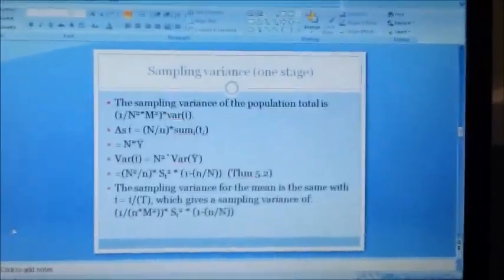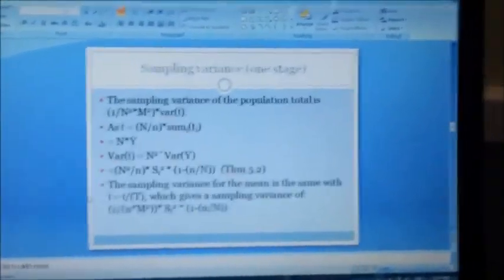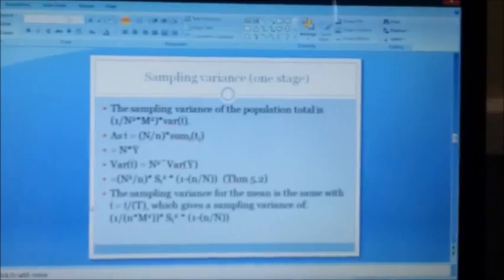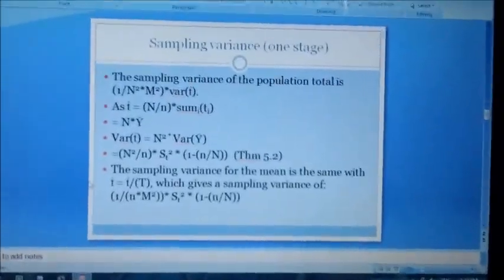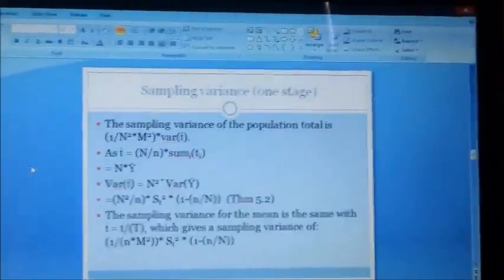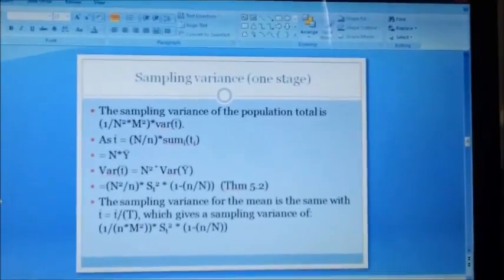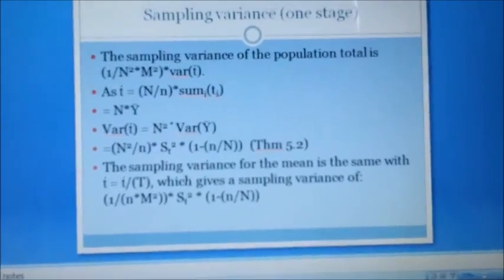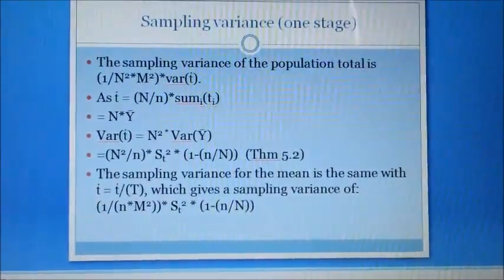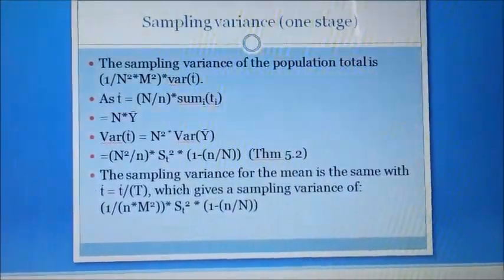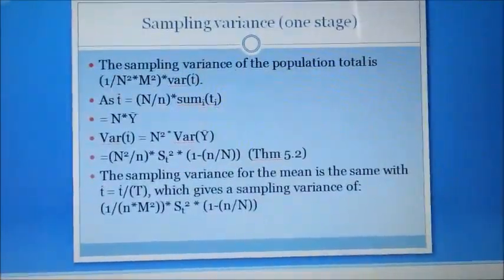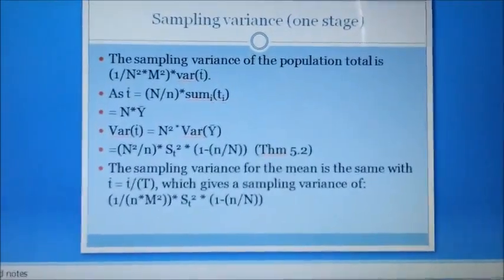Okay, so the next thing to do is the sampling variance. The sampling variance of the population total is 1 over capital N squared times M squared times the variance of T dot. As we know that T dot is equal to N over n times the sum of the Ti's over all i's, we know that T dot is equal to N times y bar, which is the overall population mean.